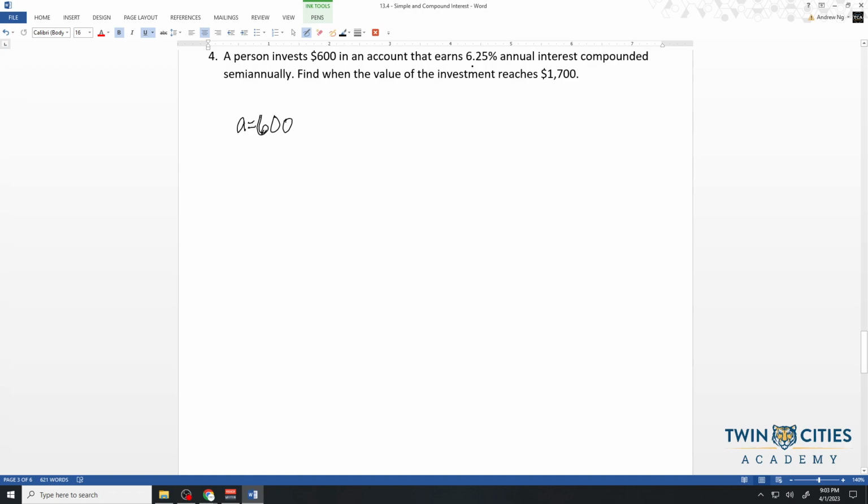R is my rate, so that's 6.25%. So I'll say here R equals 6.25 divided by 100.